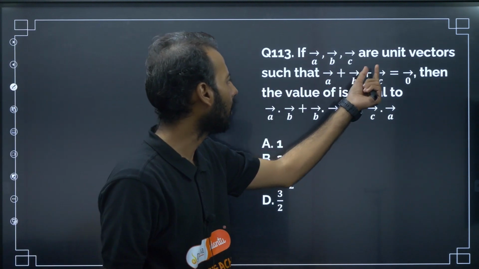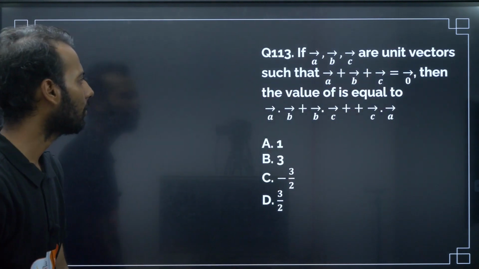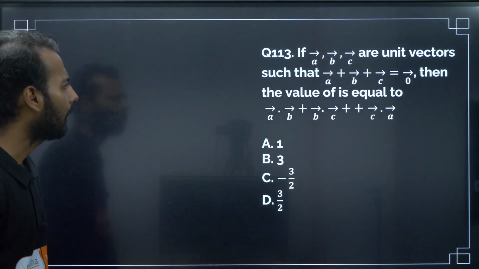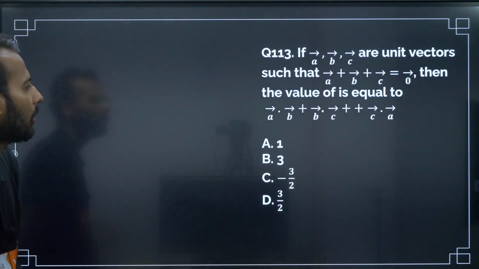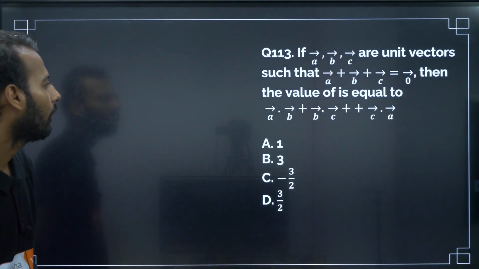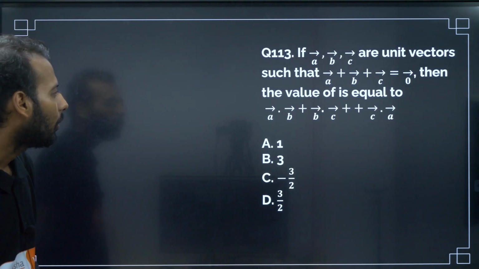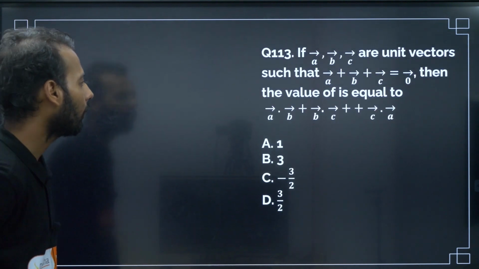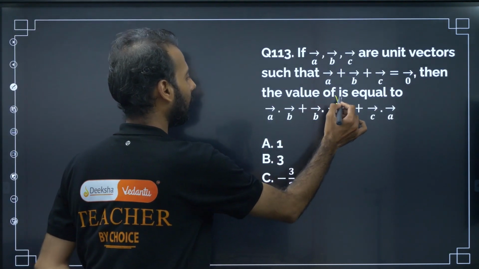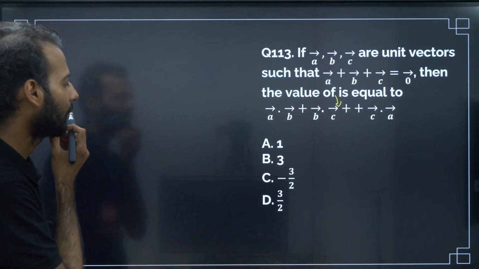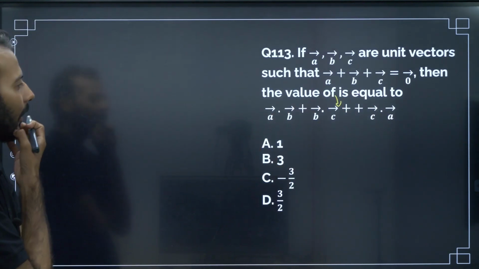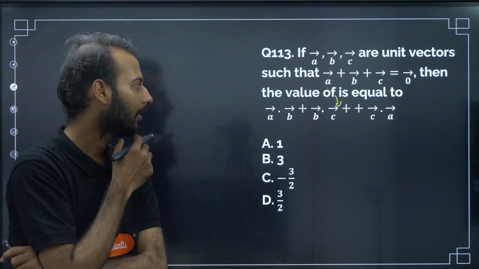Now if A, B, C are unit vectors such that A plus B plus C is equal to 0, and the value of the expression A dot B plus B dot C plus C dot A is equal to what? Standard question from NCERT.